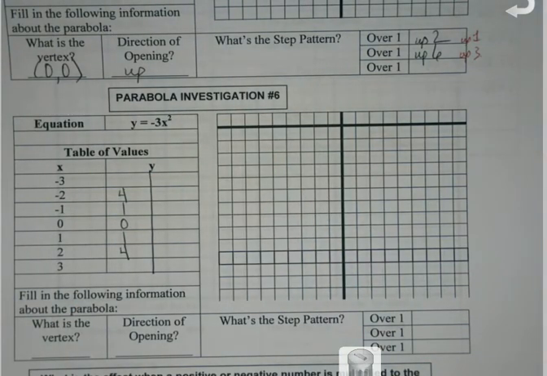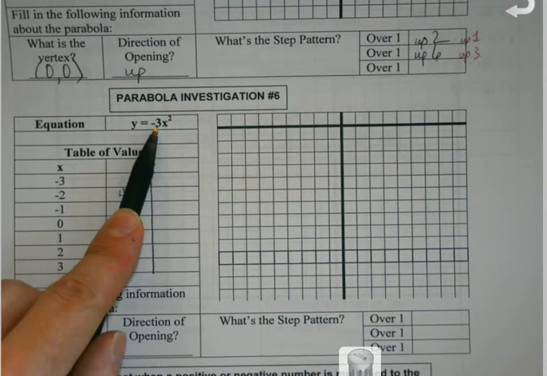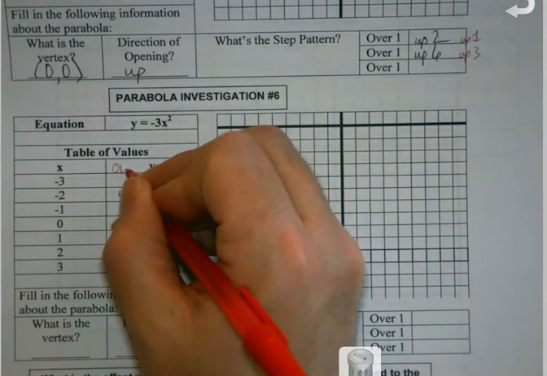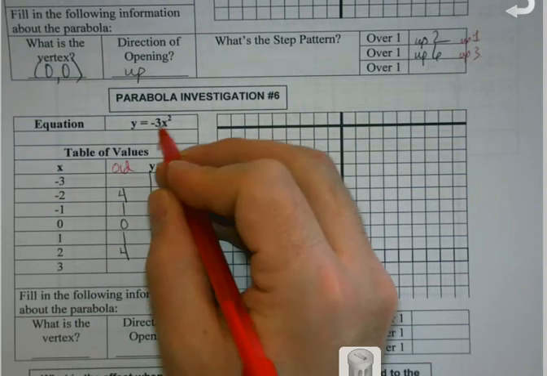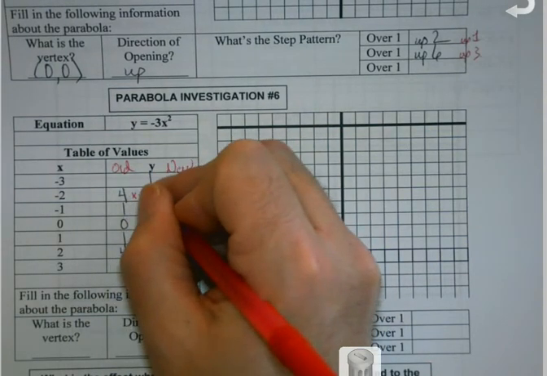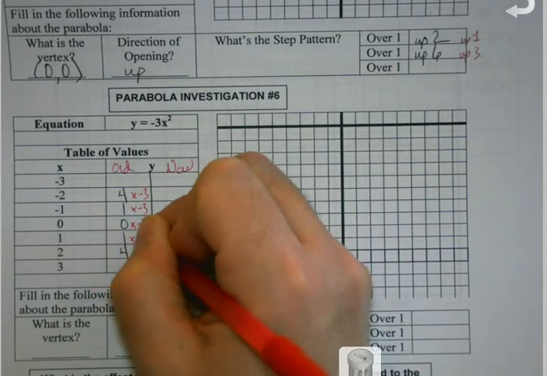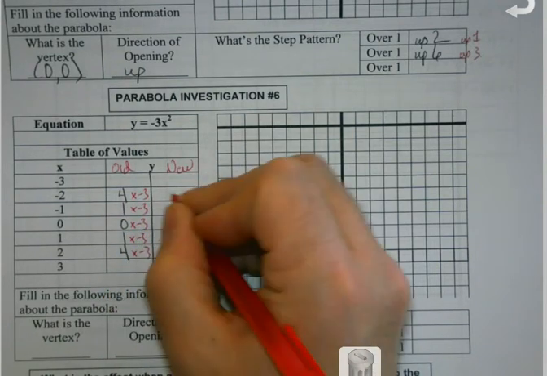So I go, okay, my value in front's negative this time. So I'm going to times all of these by -3. Now if you don't want to write in all the -3s, if you just want to write in the answers, you could.